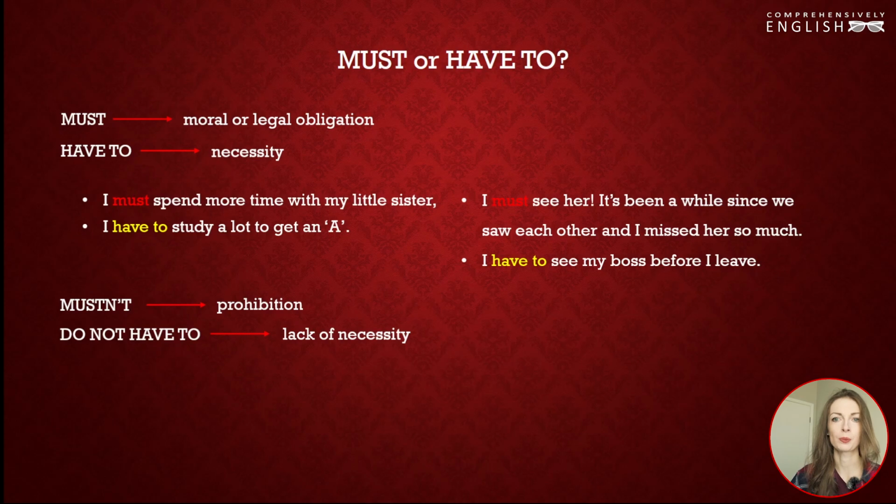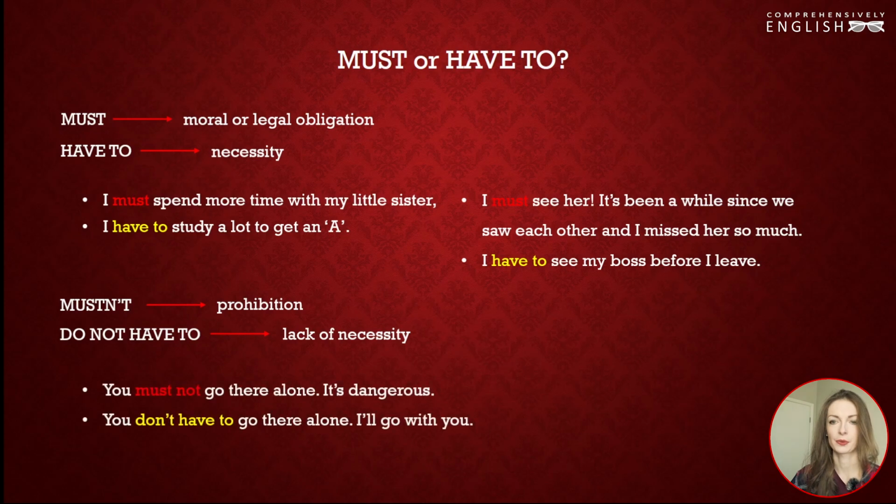So these two, mustn't, do not have to, are absolutely different. Let's see. You must not go there alone. It's dangerous. It is prohibited to go there. You must not do that. It might be an order or it might be a strong piece of advice. You must not go there alone. It's a very bad idea. I kind of prohibit you to do that.